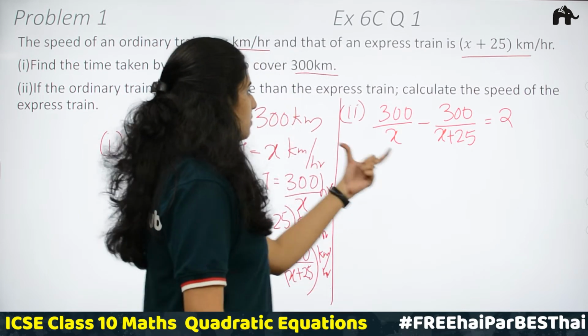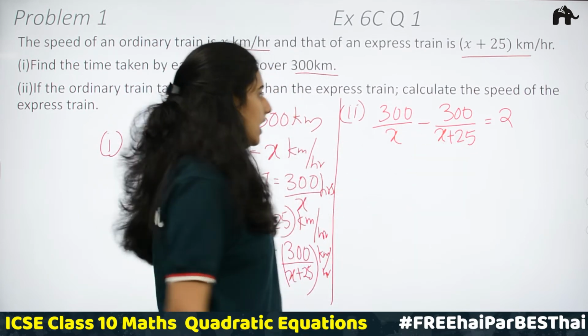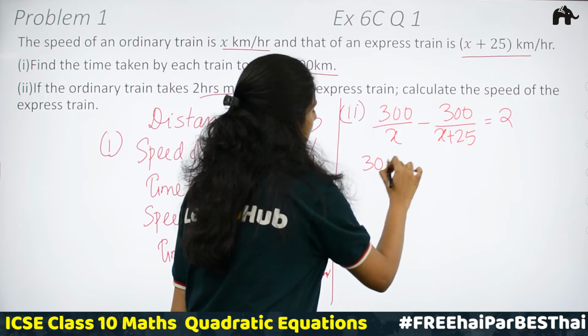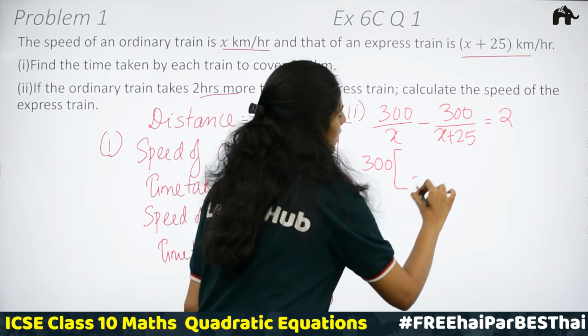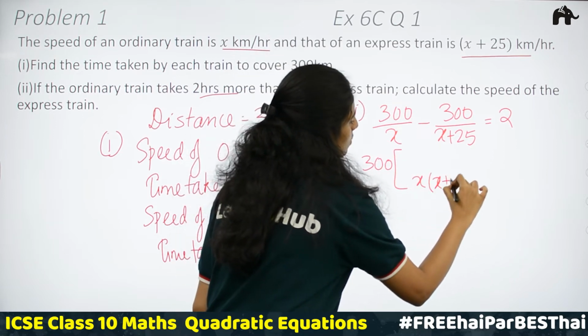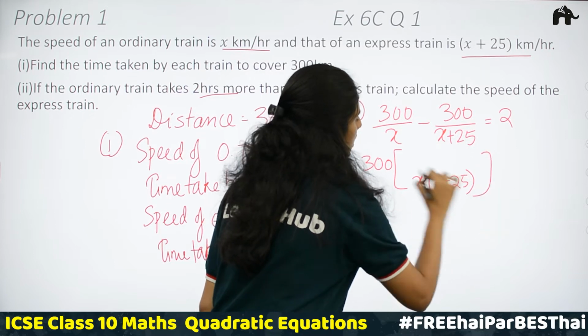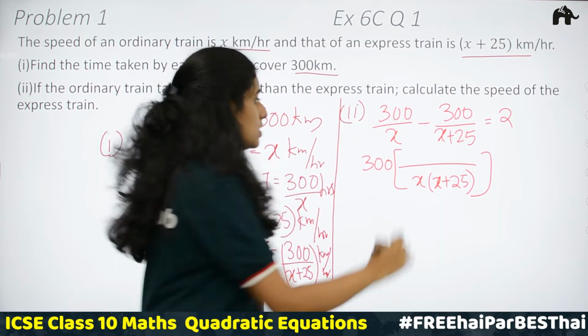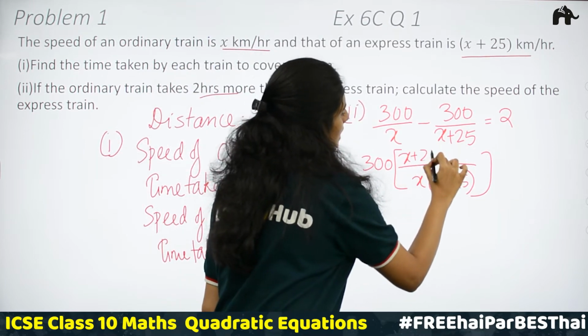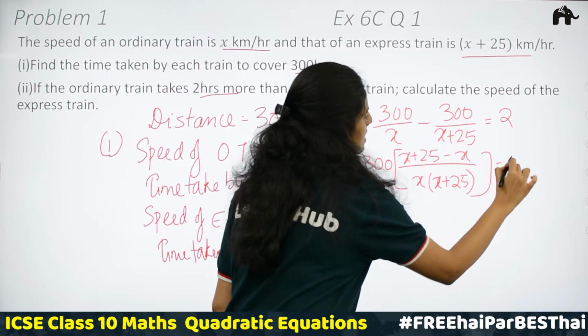Okay. From this we can find the value of x. Here 300 can be taken out as common. Denominator we get x into x plus 25. Numerator x plus 25 minus x, that is equal to 2.